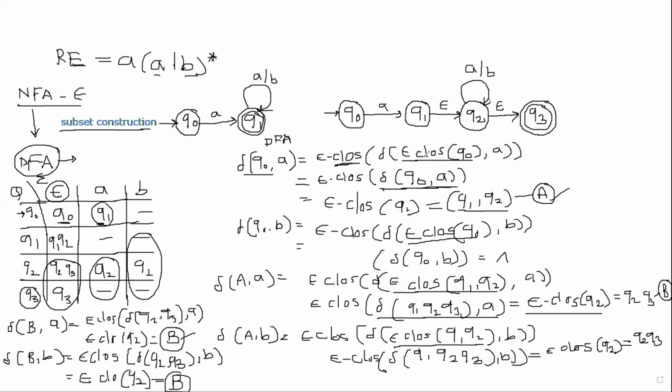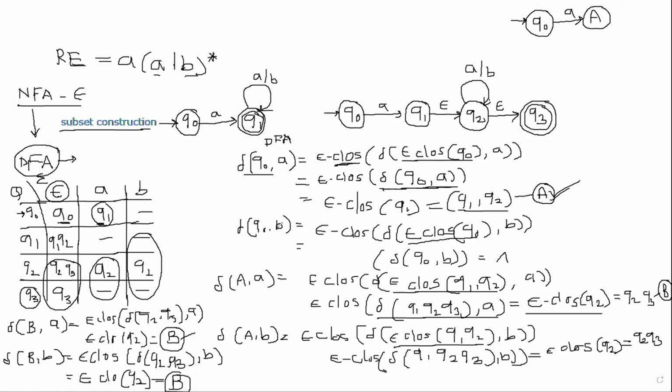So I will draw the equivalent DFA for this diagram as Q0 is my initial state. From Q0, the transitions are Q0 with A, I am reaching to capital A. And Q0 with B, there is no move. Then capital A transitions.